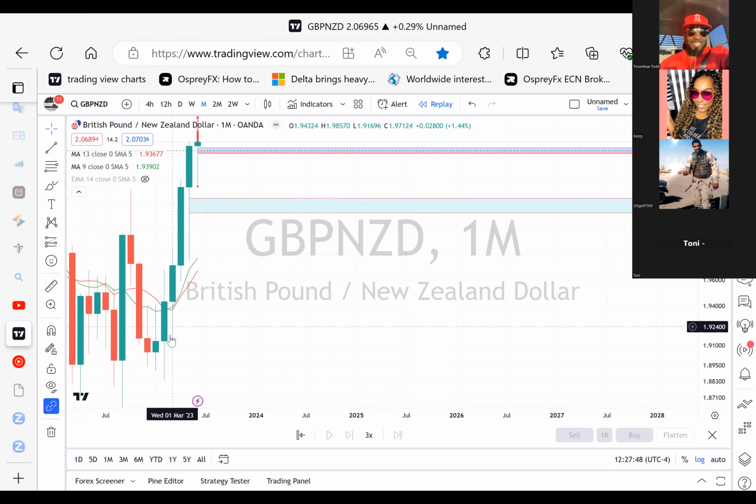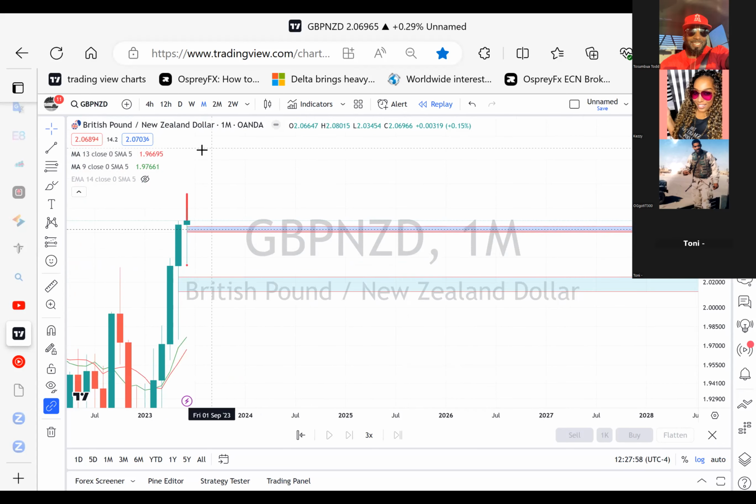At the end of the month, you get a pullback. Price goes higher. End of the month, you get a pullback. Price goes higher. End of this month, you get a pullback. This is a super pullback. Price goes higher. End of this month, you get a pullback. Price goes higher. It's probably safe to assume that at the end of this month, we're going to get a pullback. Even if this pullback just keeps going, right?